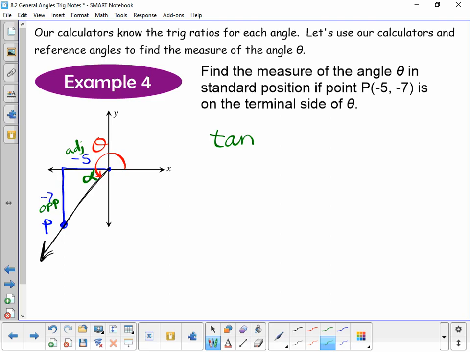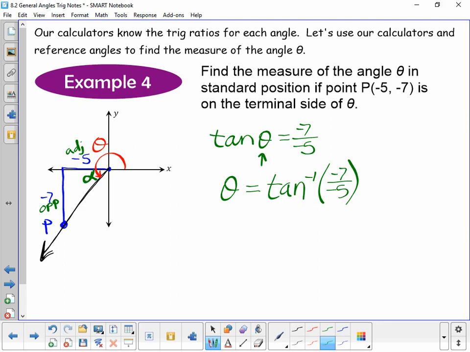So I could write that the tangent of theta is equal to -7, the opposite, over -5, the adjacent. If you remember back to our last lesson, the way we found the missing angle was to take the inverse tangent. So we're going to do the inverse tangent of -7 over -5.